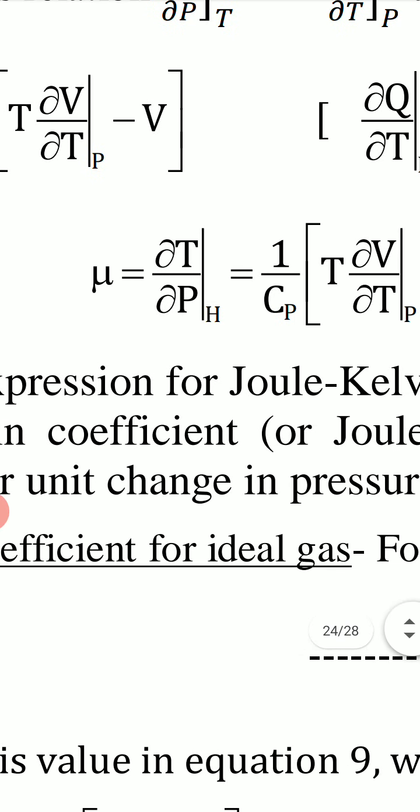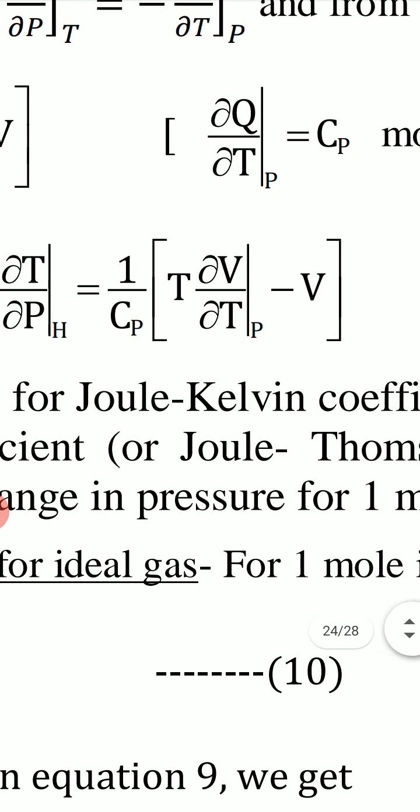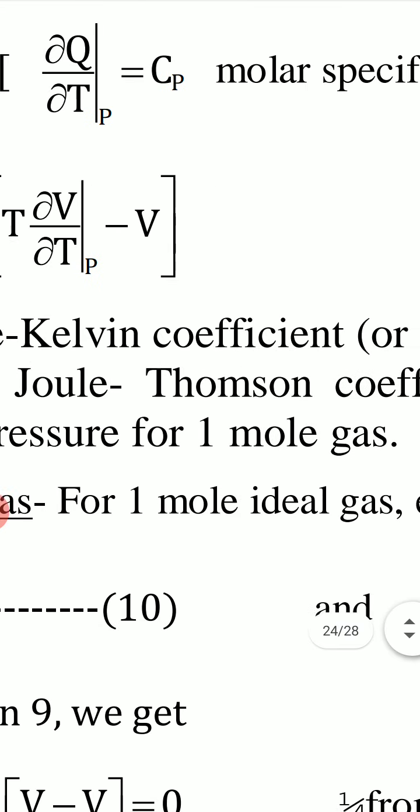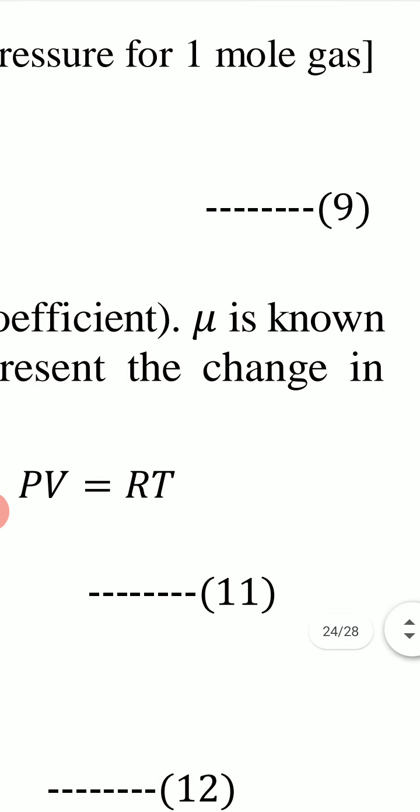So Joule Kelvin coefficient or Joule Thomson coefficient, it is the ratio of ∂T and ∂P. We want to find the change in temperature, and we are changing the pressure. So this is the ratio of ∂T and ∂P, and it is equal to 1/Cp into [T (∂V/∂T)_P minus V]. This is the expression for Joule Kelvin coefficient or Joule Thomson coefficient.